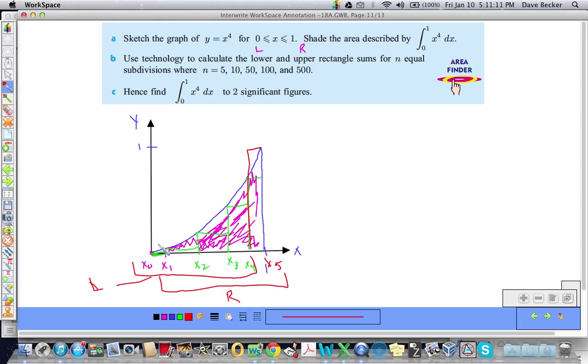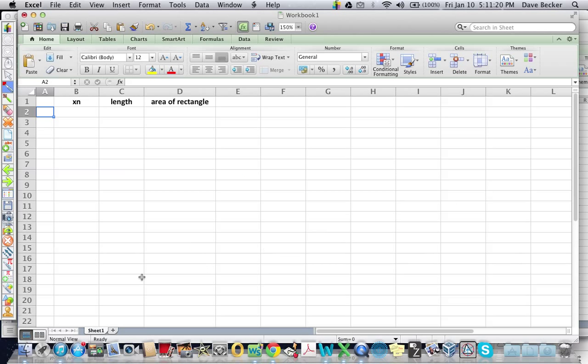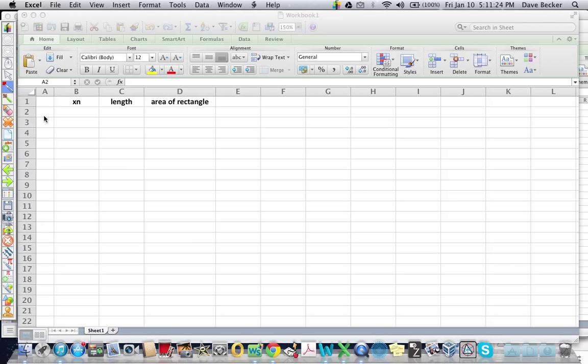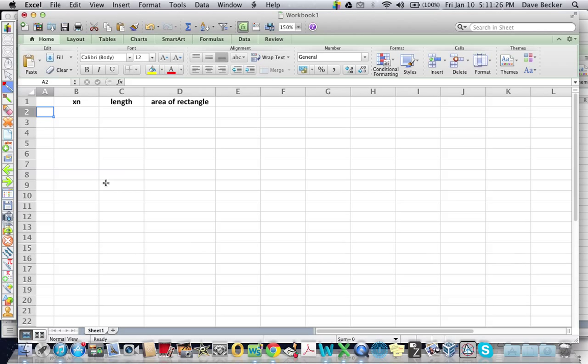So how are we going to use technology to calculate the lower and upper sums? I'm going to use Excel. Your calculator is fine as well. So since we might have to start at 0, our first x sub n could be 0. So I am going to start my number here at 0, and then 1. And I'm going to go all the way down to 500, but I want to get everything in here.